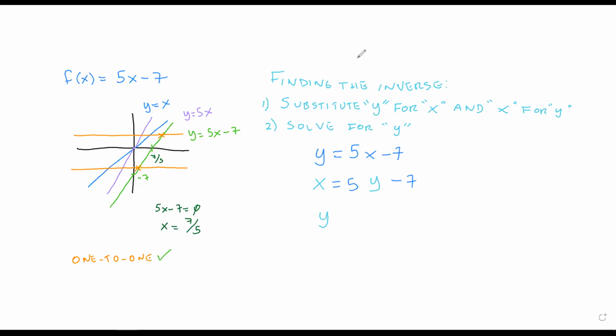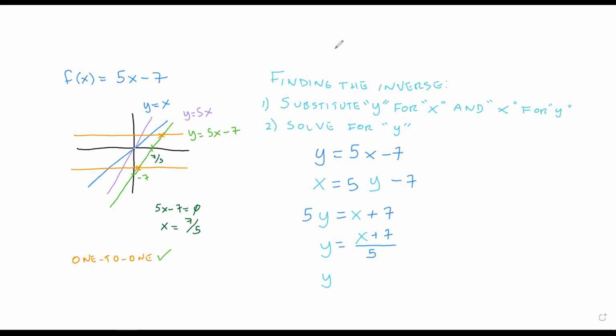So we're going to send the minus 7 to the other side. It's going to be adding. And then we're going to have y equals x plus 7 divided by 5.